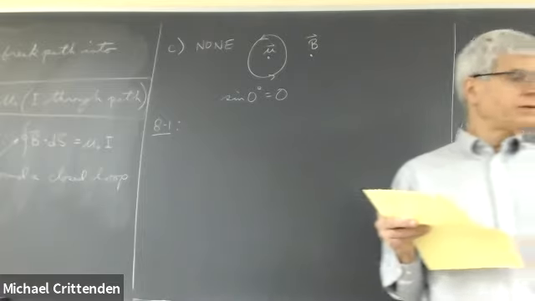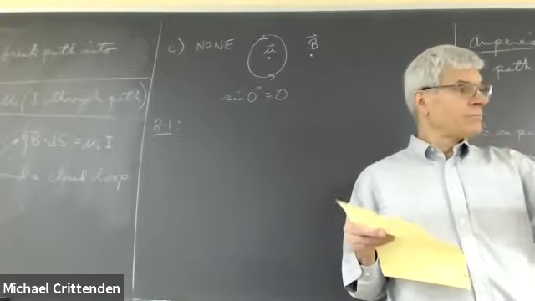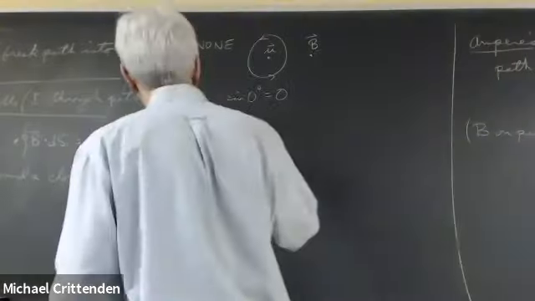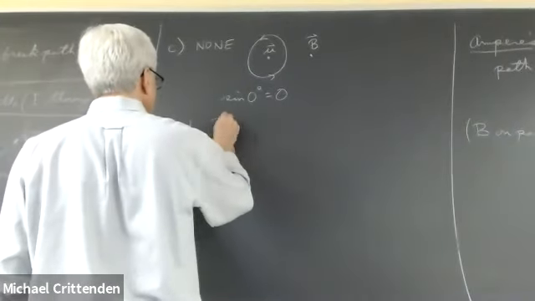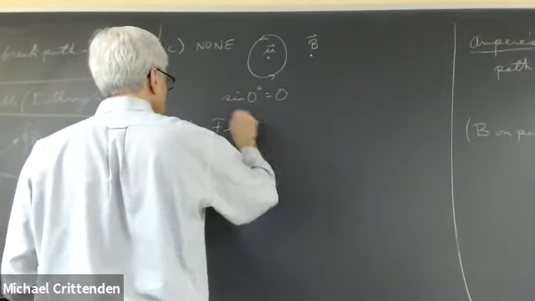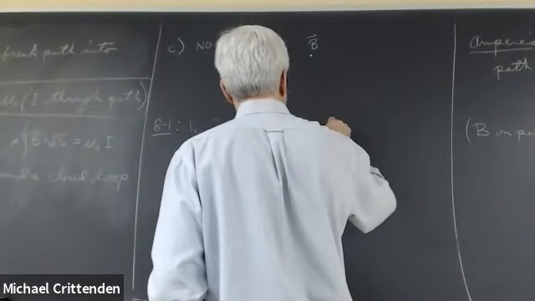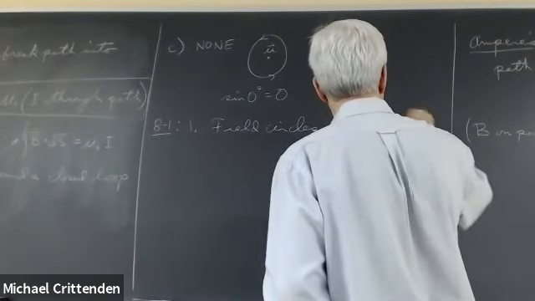I showed it to you experimentally. It loops around the wire. So the field circles around the wire. I'll just write that down for the sake of completeness, but I've already kind of done that.